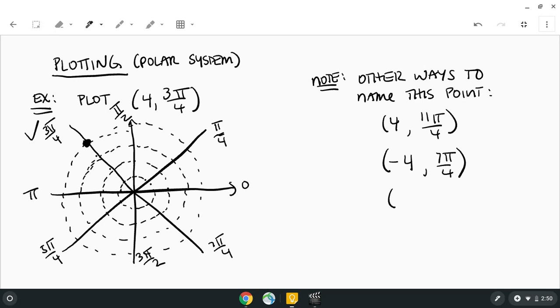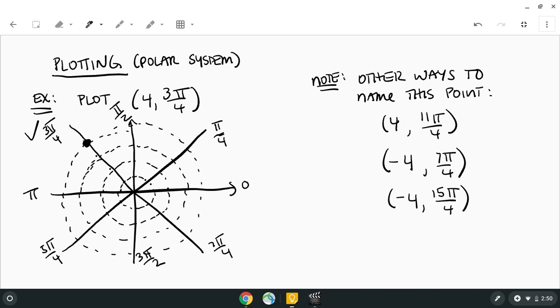And then if I add a full circle, if I add 2 pi to this angle, then I would come full circle facing 7 pi over 4, but that angle would now be 15 pi over 4. And I would still need to march backwards to end up in quadrant 2 over there.